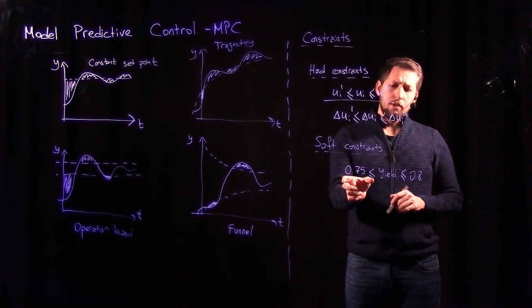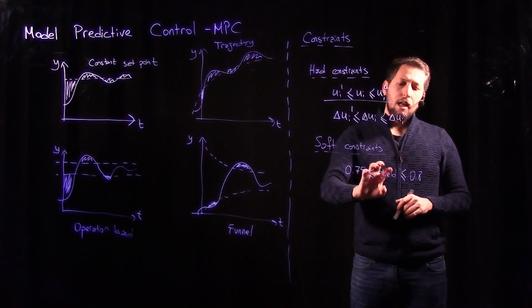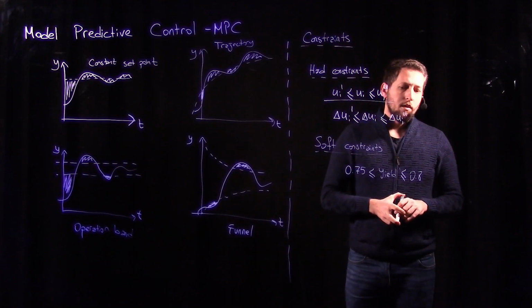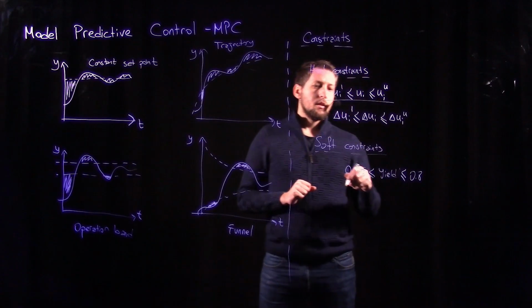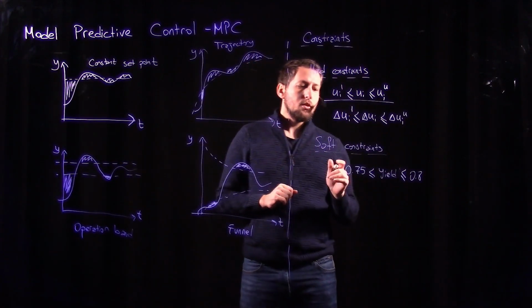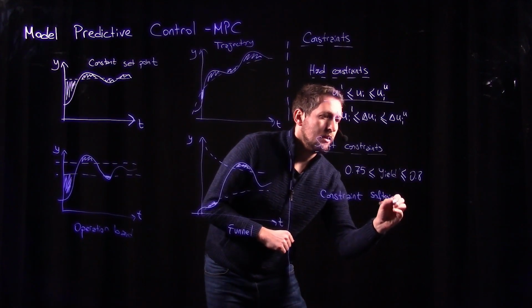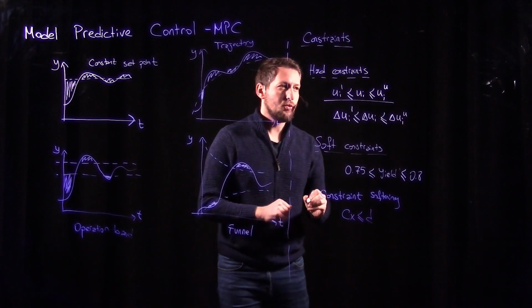So in order to do that, we need a slack variable and then slightly modify this inequality constraint. In this case, this can be named constraint softening. And for example, I have such an inequality constraint.